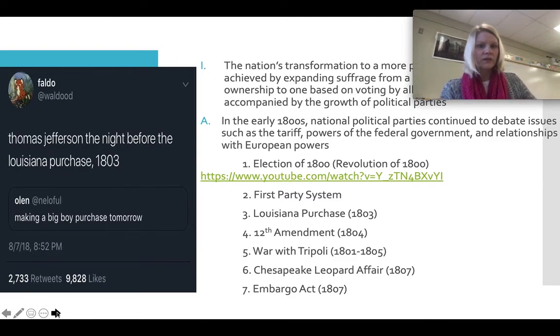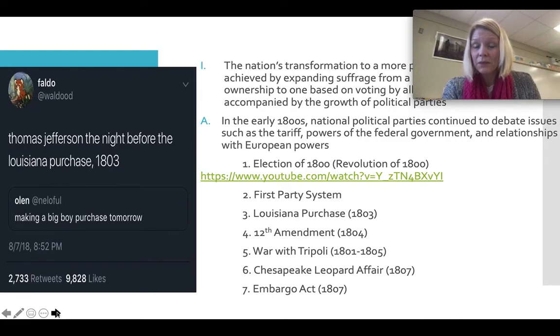The nation transformed to a more participatory democracy, and it was achieved by expanding suffrage, and suffrage is voting rights, based on property ownership to one based on voting by all adult white men. And it was accompanied by the growth of political parties.